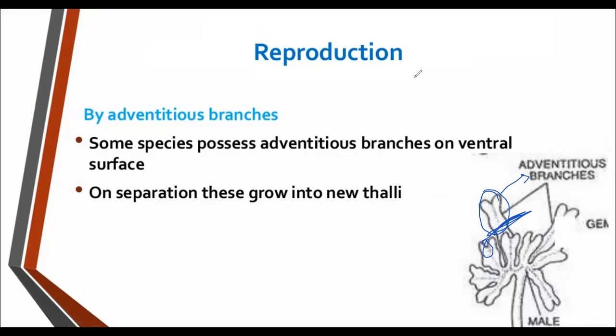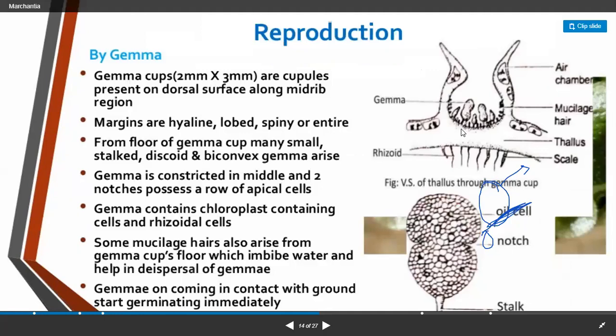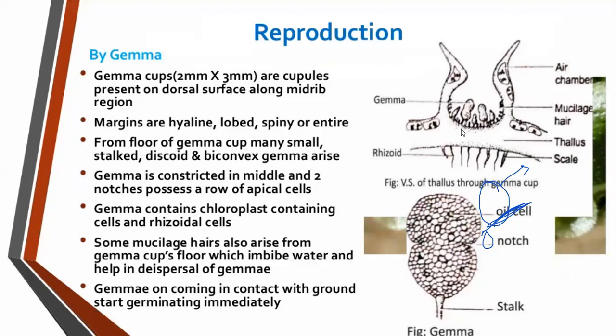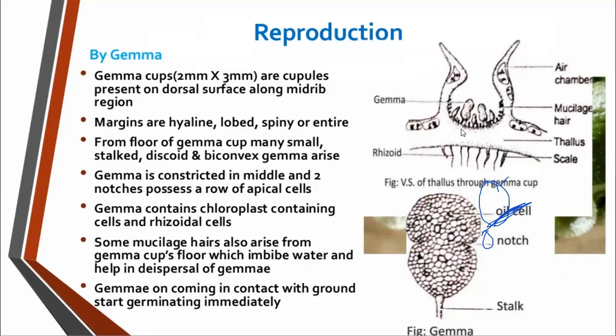Moving further, the third type of vegetative reproduction is by the formation of gemma. This is very important from the exam point of view. They will ask you about the development of gemma in vegetative reproduction for 5 marks with a diagram.